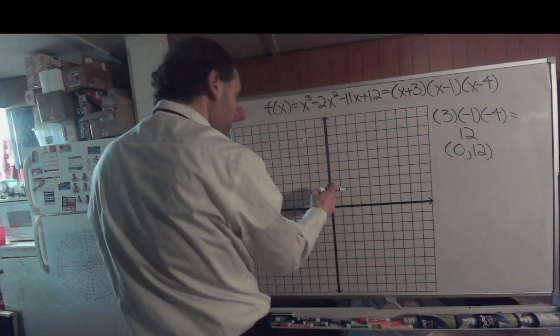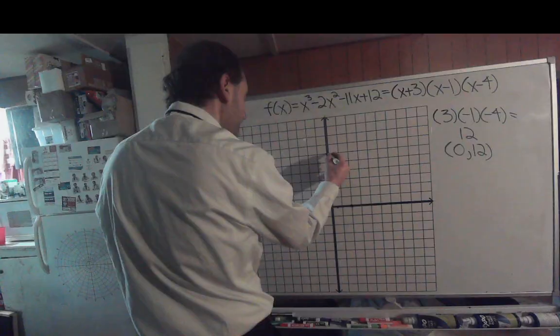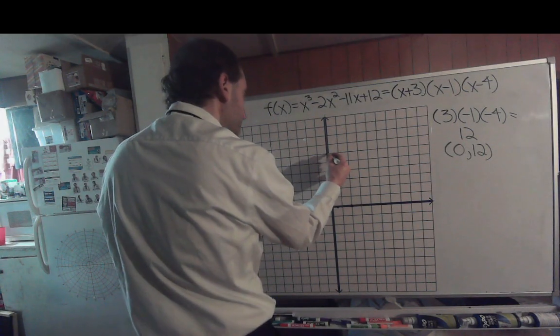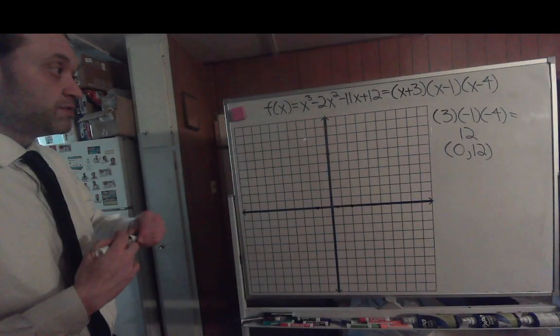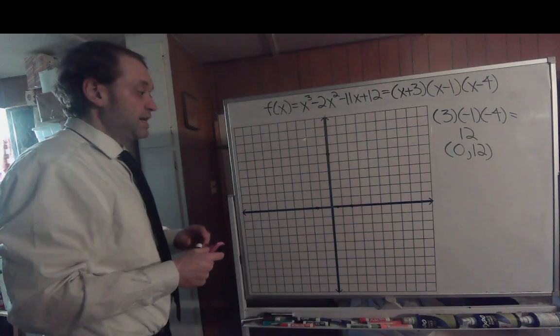So 2, 4, 6, 8, 10, 12. That would be right here. There's your y-intercept at 0, 12. So now we know all 3 x-intercepts and the y-intercept. All right.